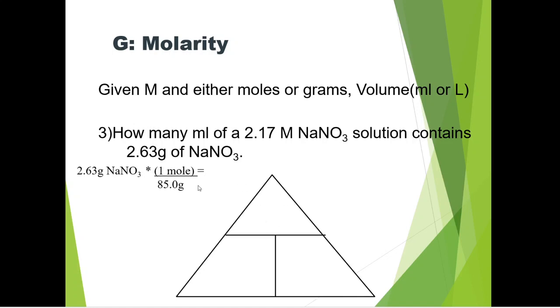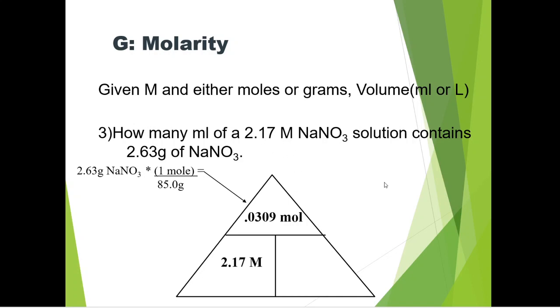The molar mass of sodium nitrate is 85 grams. So 2.63 divided by 85 gets you 0.0309 moles. The other one that it gives you is 2.17 molarity.